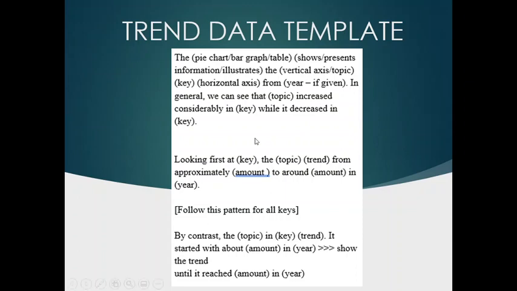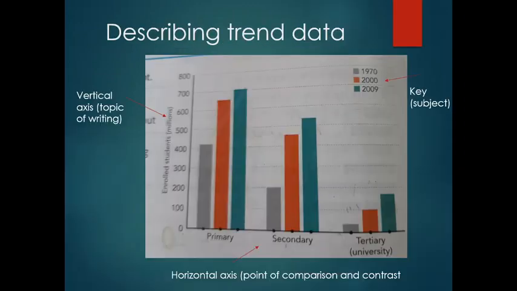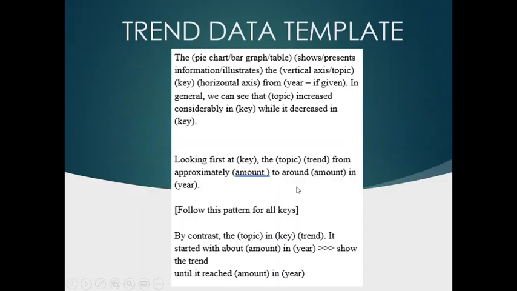So here you can put the big change, and in this part you can put the small change. Okay, and what else? If you are writing the same trend, so for example, you mention looking first at primary, it increased, and then you talk about secondary and it increased as well, you can say similarly.